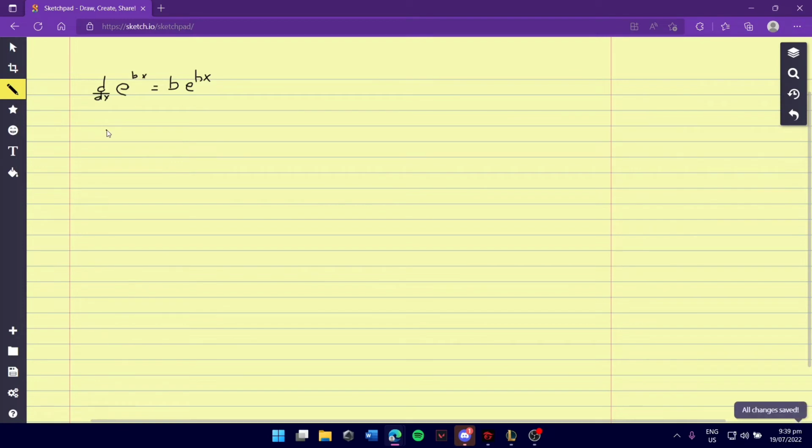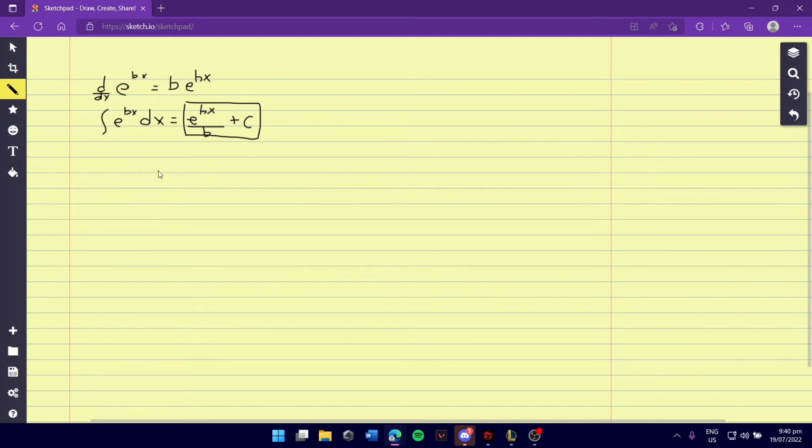So in integral calculus, the integral of e raised to bx times dx will become e raised to bx over b plus c. So this is our formula for integration under exponential functions.